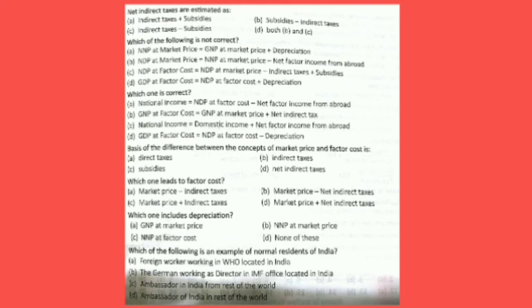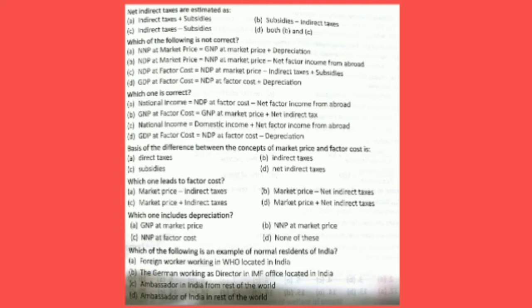Next one, which one is correct? Option A, national income is equal to NDP at factor cost minus NFIA. Actually, national income is equal to NDP FC plus NFIA, so this is wrong. Then GNP FC is equal to GNP MP plus NIT.